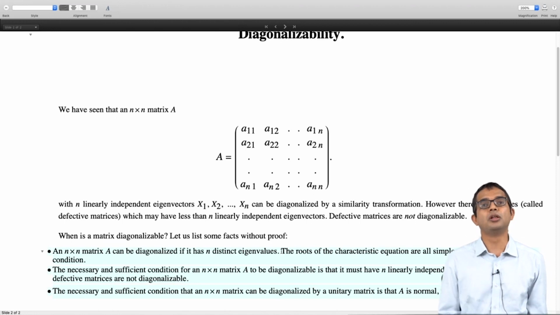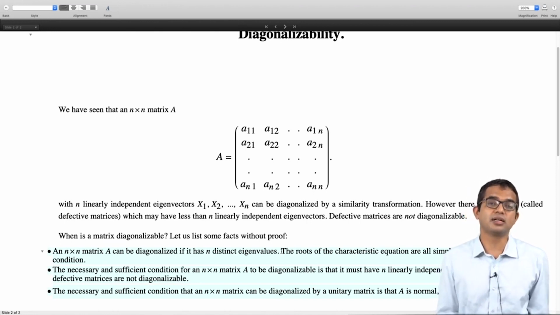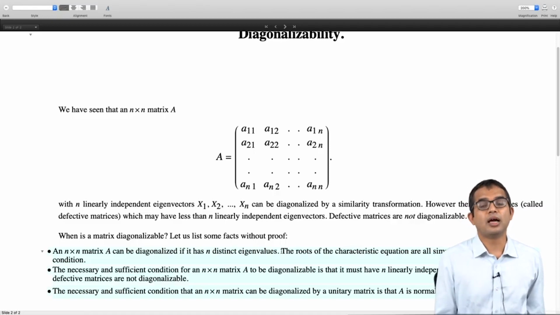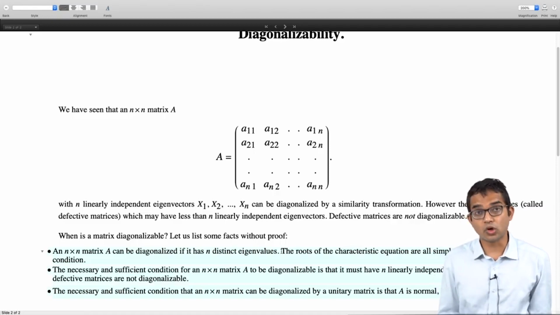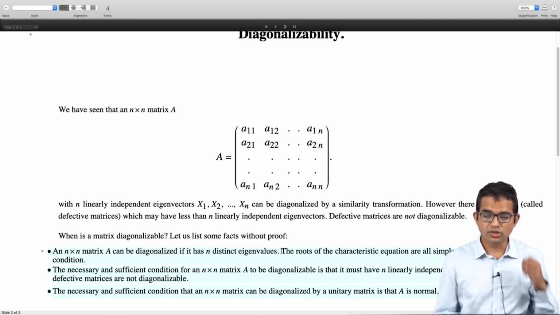Whenever you have a normal transformation, and there are two distinct eigenvalues, then the eigenvectors corresponding to these distinct eigenvalues are going to be orthogonal to each other, right? So that's the property. It's a stronger condition.